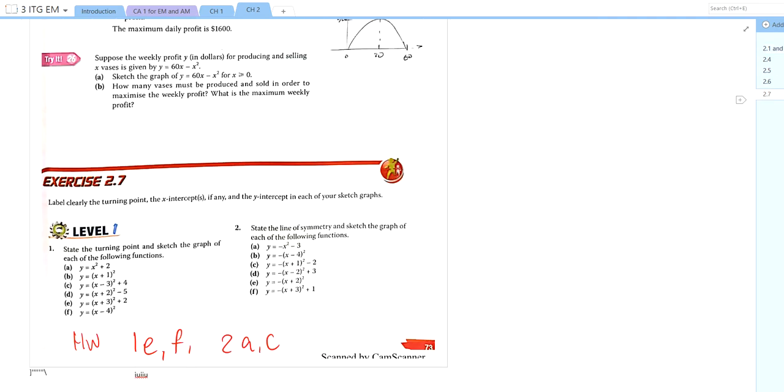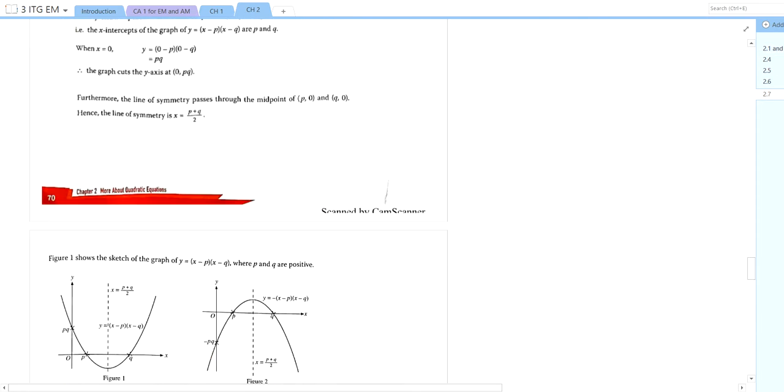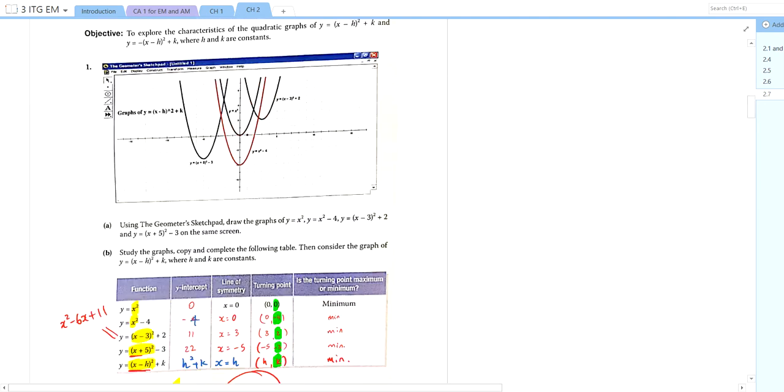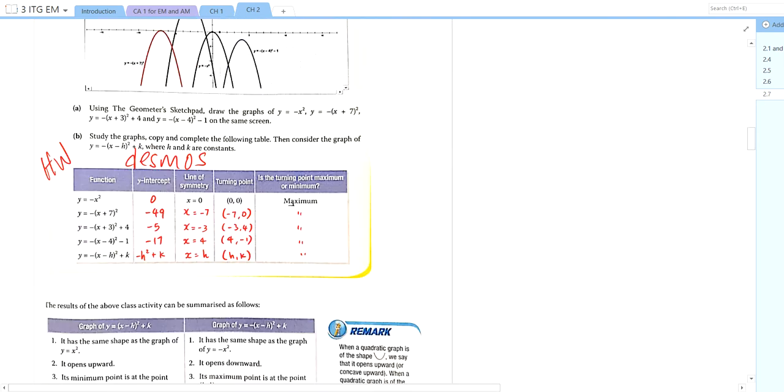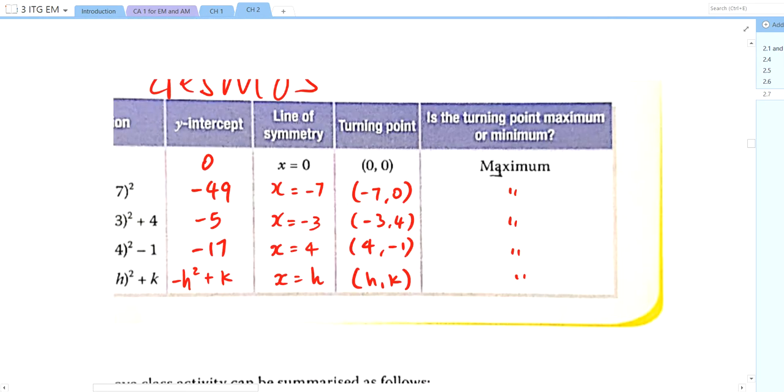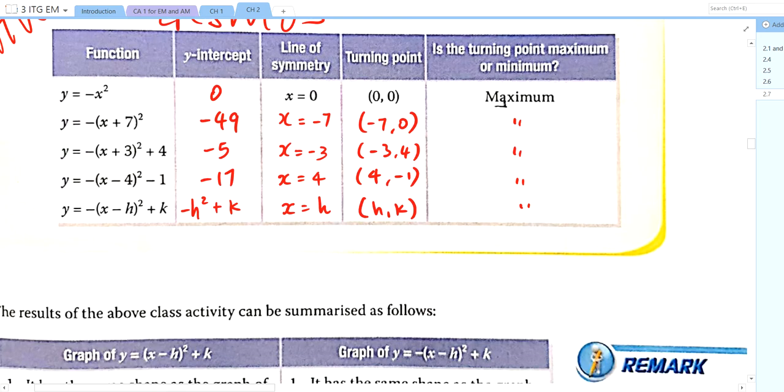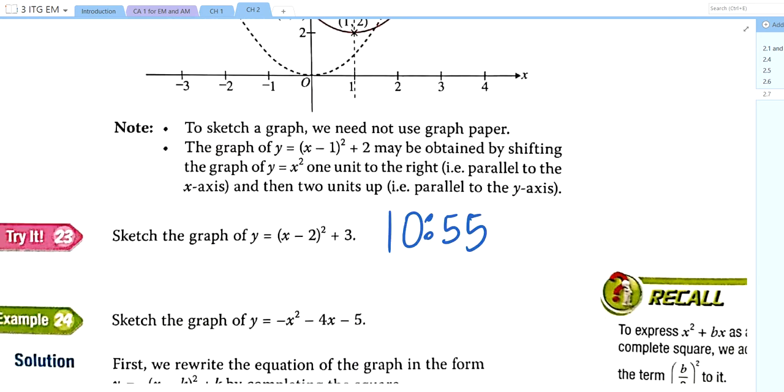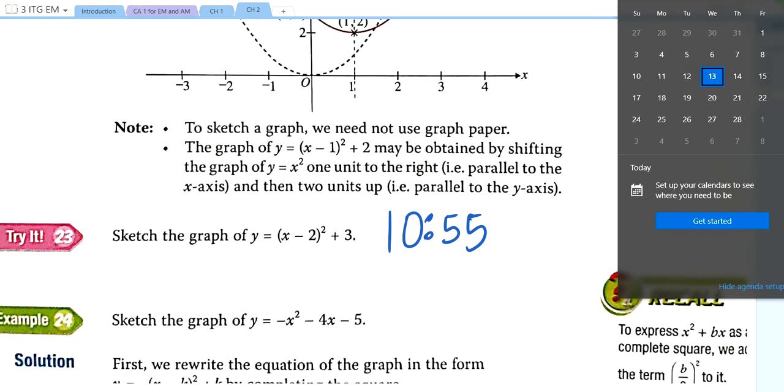We are moving on to 2.7. I gave you a piece of homework that is to use Desmos to fill in this table. So now please check whether you have the same answers as me. You can do it in your textbook if there is space for you. If you have questions about what I was teaching you just now, you can raise your hands.